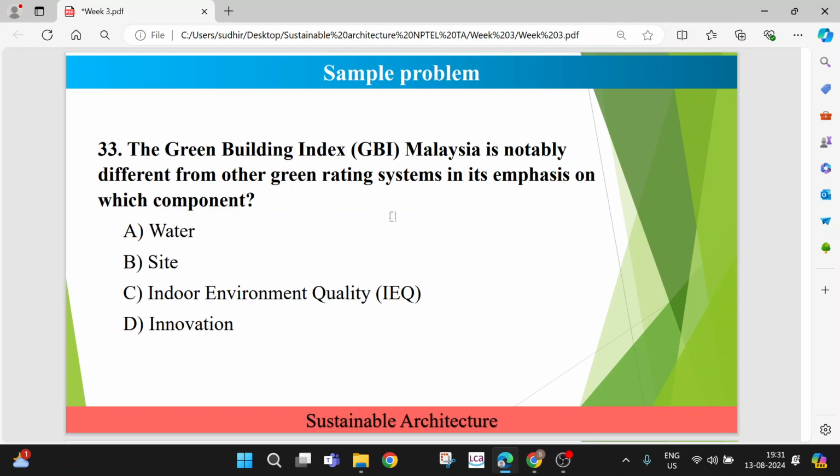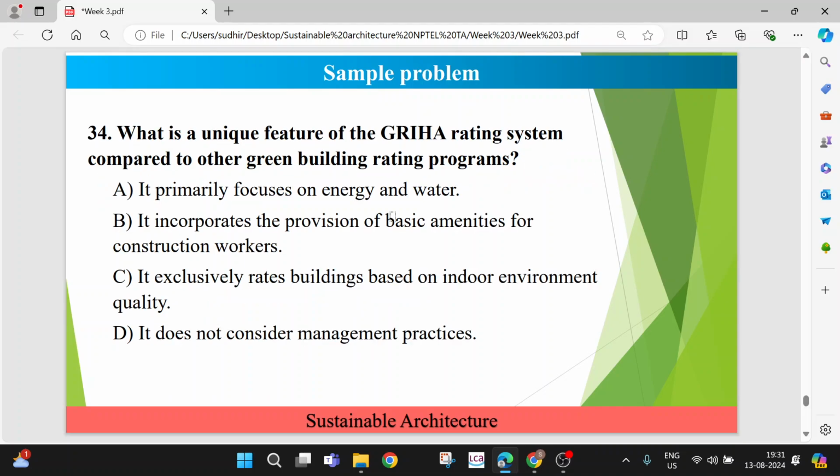Okay, then can we move to the next question? Question number 34. What is the unique feature of Griha rating systems compared to other green building rating programs?